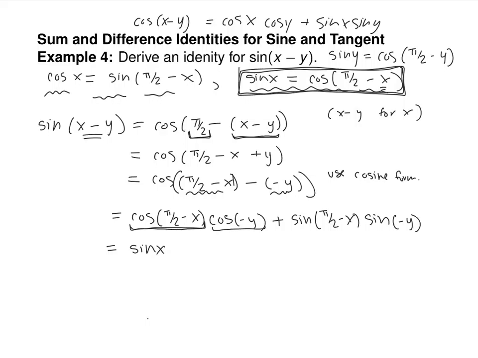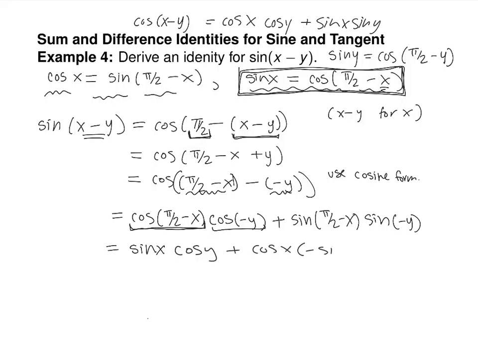Okay, I paused this. I got sine x, cosine y, plus cosine x, negative sine y. All right, and then what's the last thing? How about making it sine x, cosine y, minus cosine x, sine y?